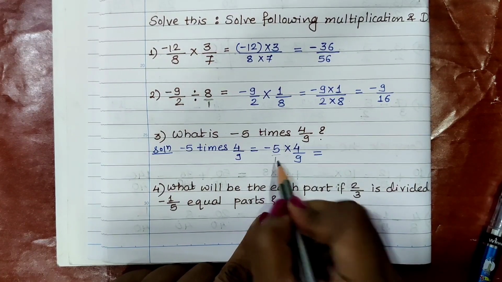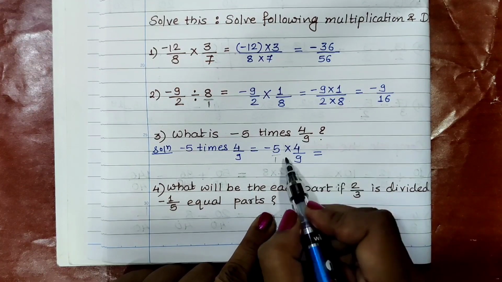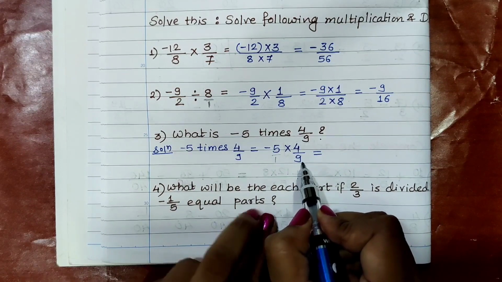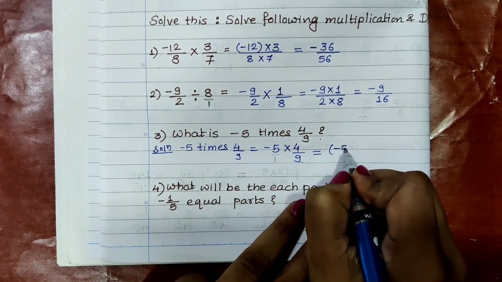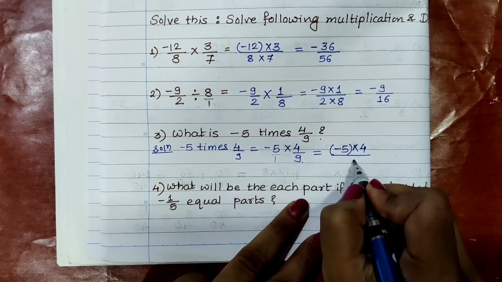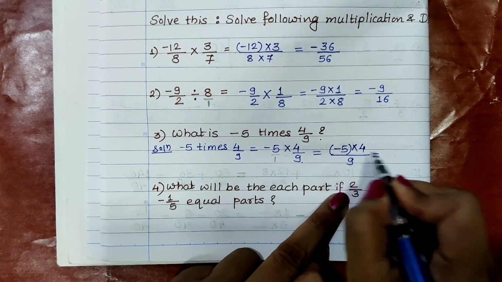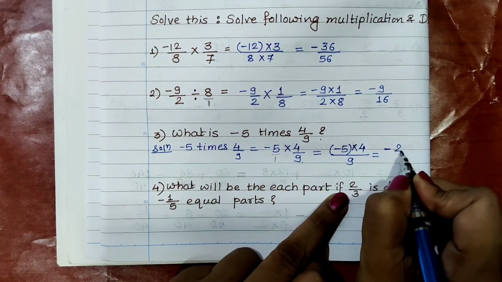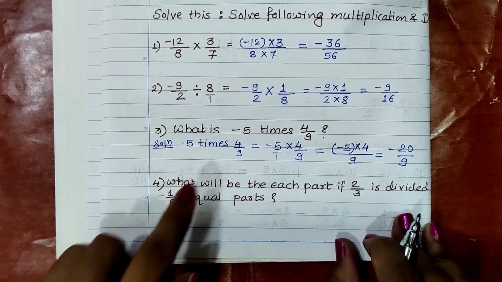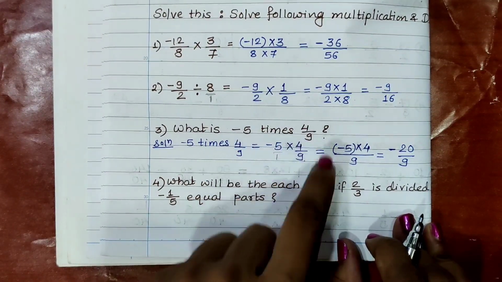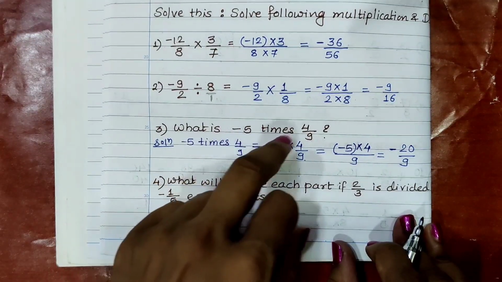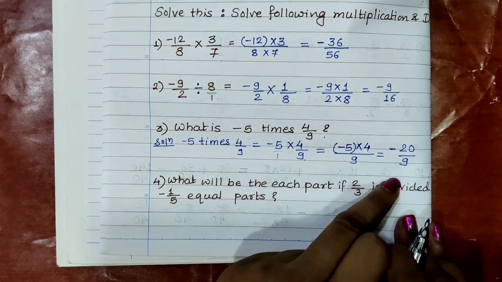So in multiplication what we do? Numerator multiplied by numerator, denominator multiplied by denominator. So we write minus 5 multiplied by 4, and 9 ones will be 9. Minus plus sign is minus. 5 fours are 20 upon 9 as it is. So in this way you can solve this 5 times 4 upon 9. Answer is minus 20 upon 9.